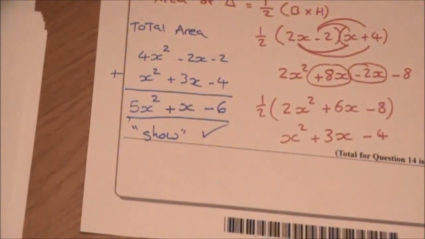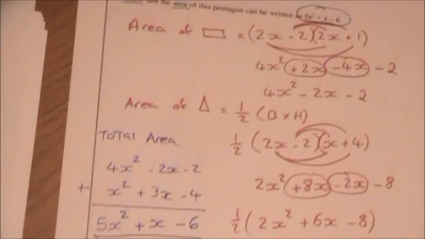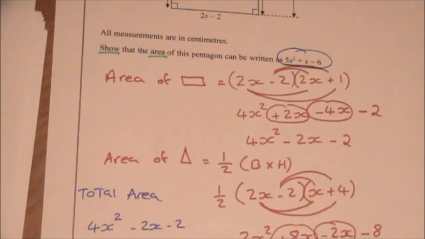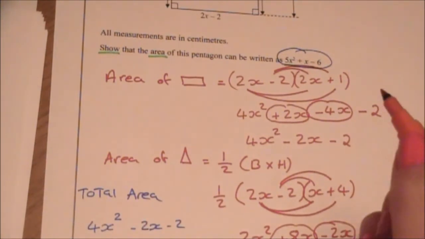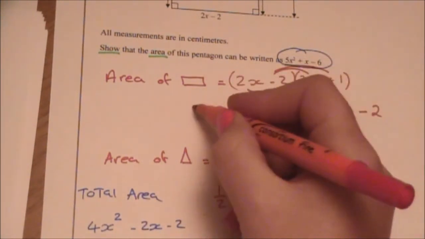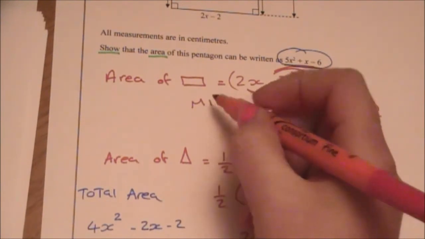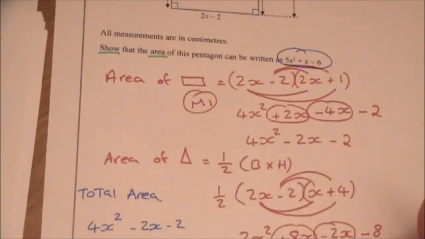There's 4 marks. Now, the mark scheme breakdown for this is quite logical, really. You get 1 mark for finding the area of the rectangle. You get the second mark for finding the area of the triangle.